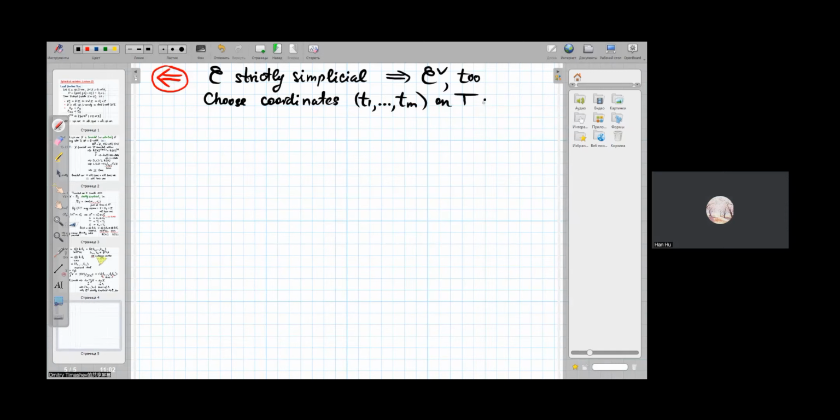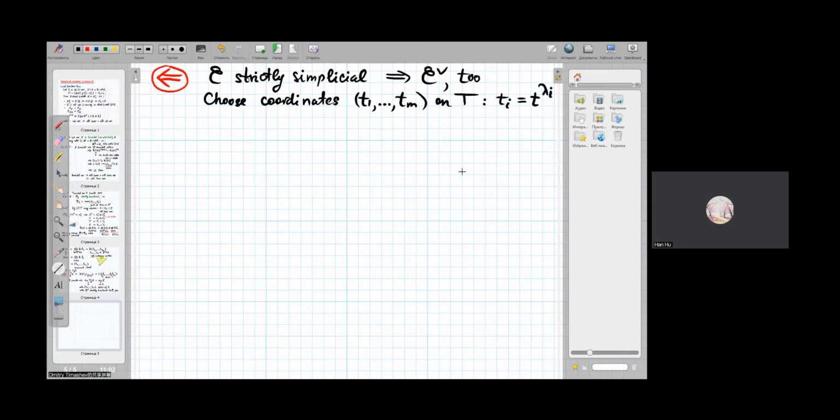So we can choose coordinates in such a way that Ti is the value of a character lambda i at an element t, which we denoted in this exponential notation like this. So again, let me show you the picture as usual. It is something like this.